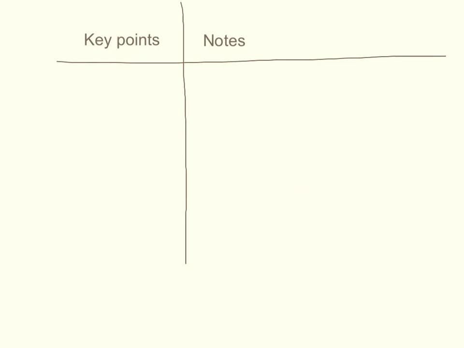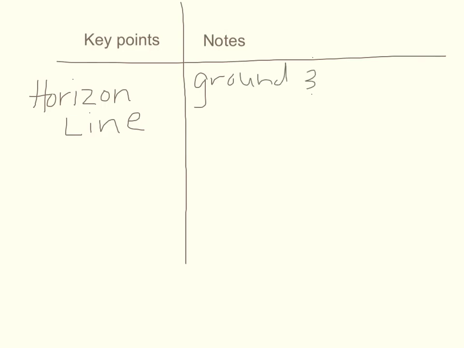So we talked a little bit about this with our vocabulary terms, but in our key points, let's put down the term horizon line. And we decided that a horizon line is where the ground and the sky meet.